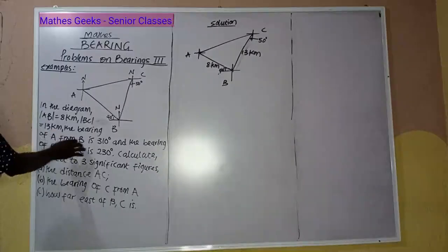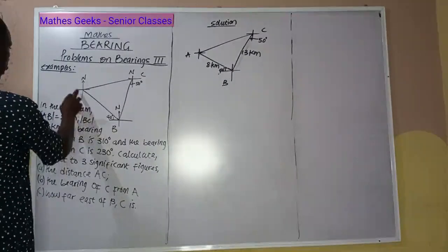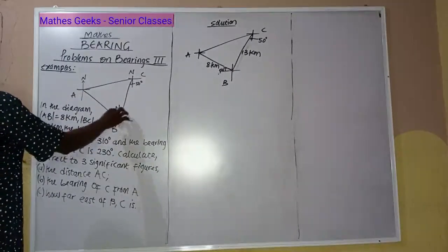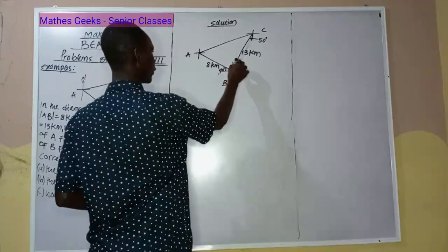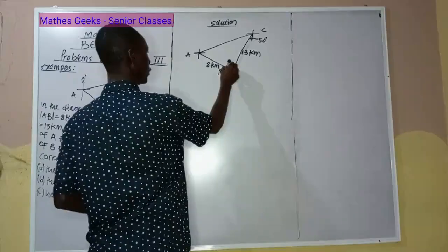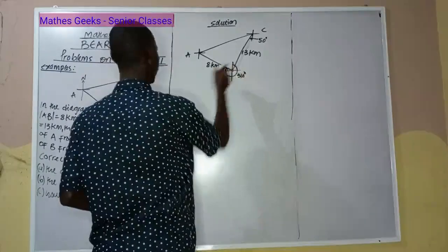The bearing of A from B would be measured from the north. From the north to this line, that's considered 310 degrees.